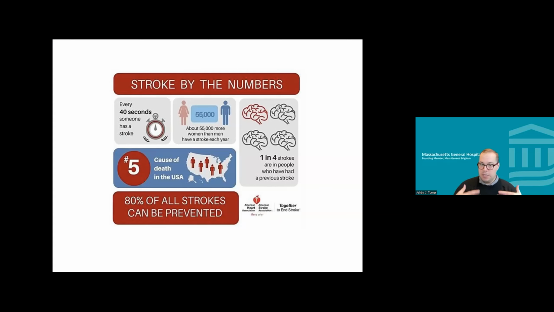We're seeing this uptick in patients of younger age groups having strokes for various reasons. But still, even despite our success, for patients 75 and older, it's not time to take our foot off the gas by any means, and we still have a lot of work to do.